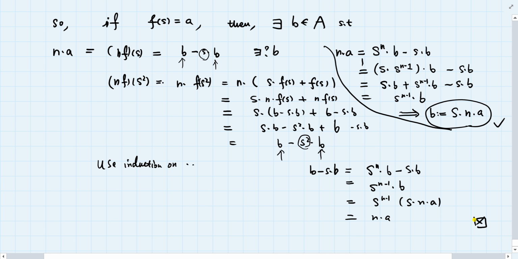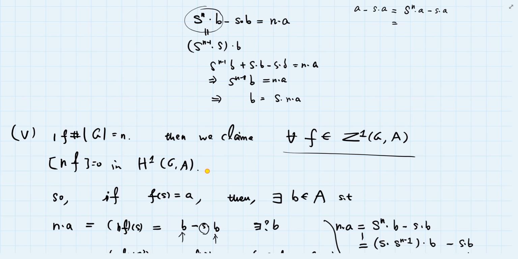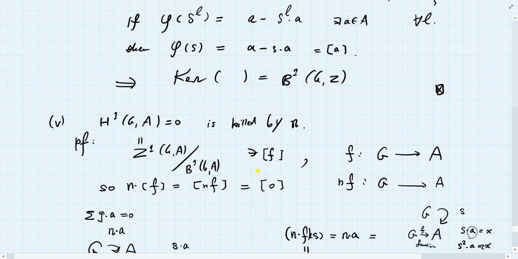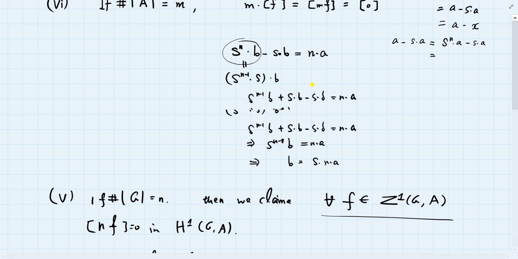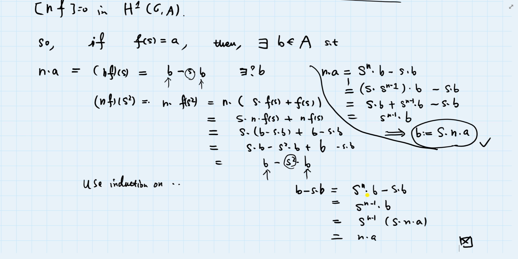Now we finish this very stupid, I think most difficult one. How can you just, the amazing, strange thing is this. Well, it's not strange, it's just like the module structure. Okay.